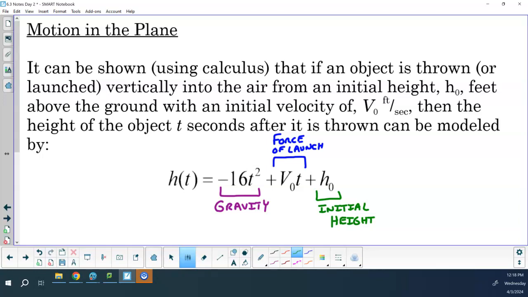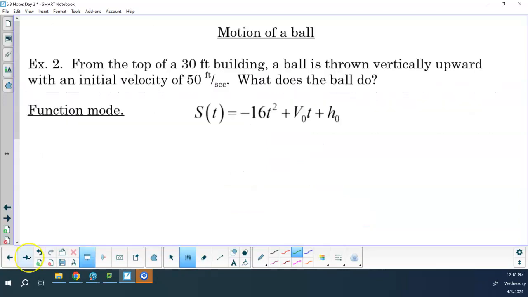So we put all those factors together, and we get the motion of an object launched straight up. Let's put all that together.